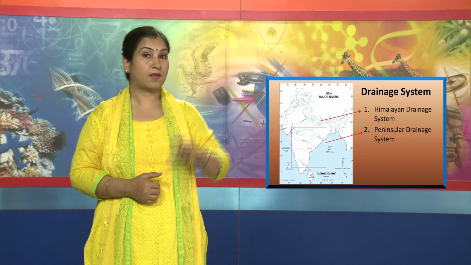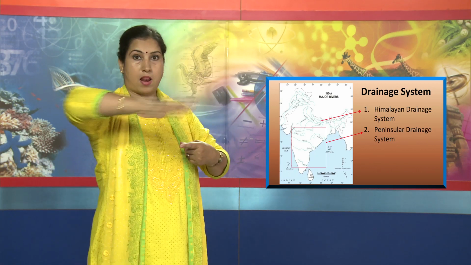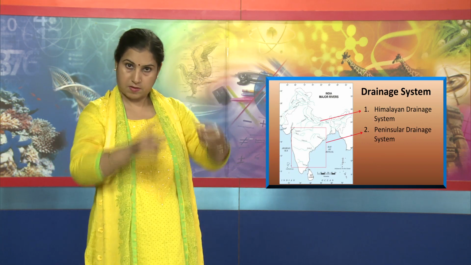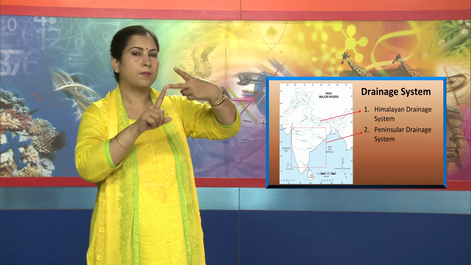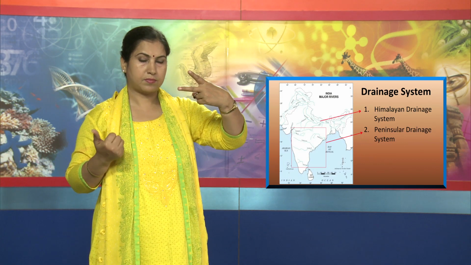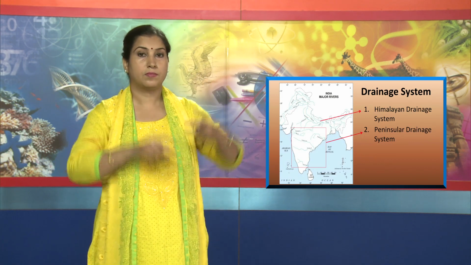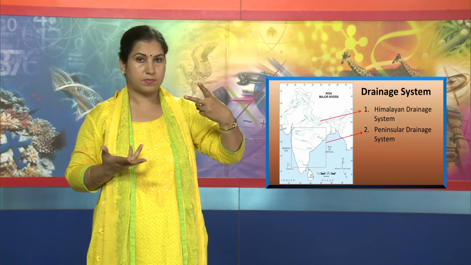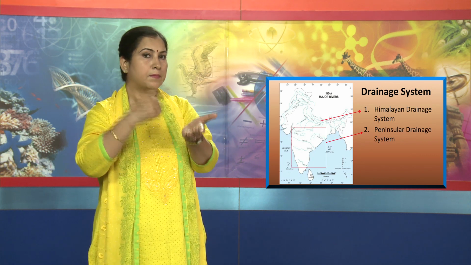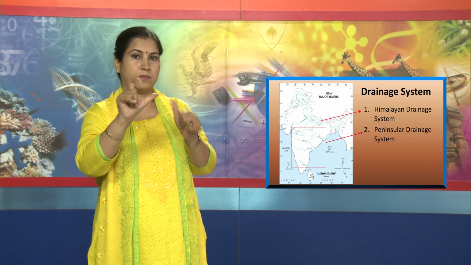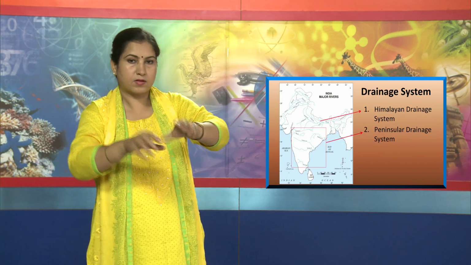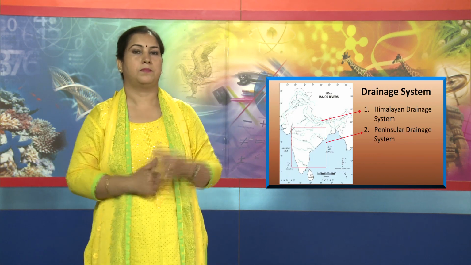The first is Himalayan river system, and the second one is the Peninsular river system. One more river system is the coastal river system.